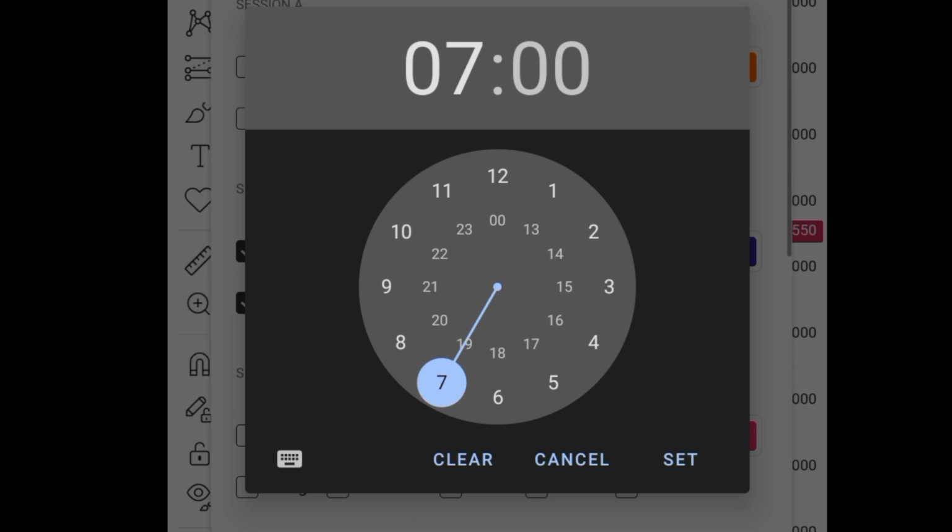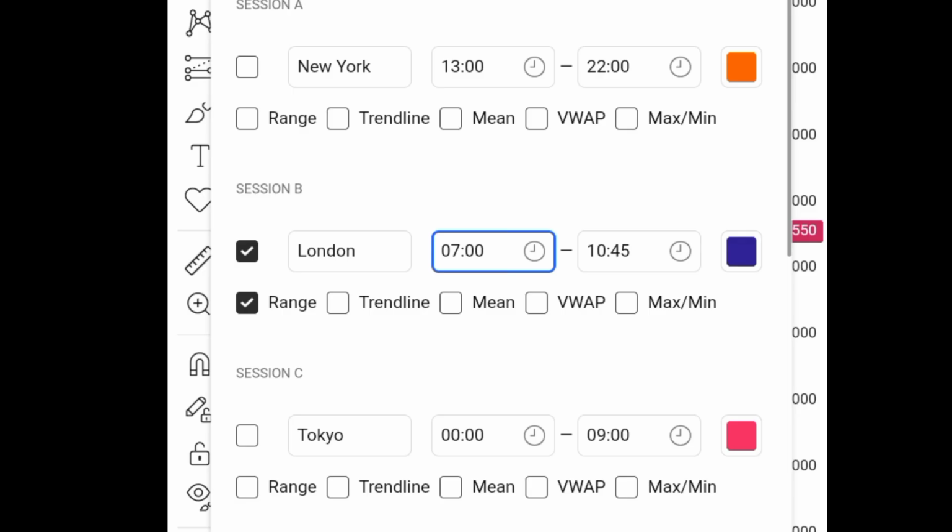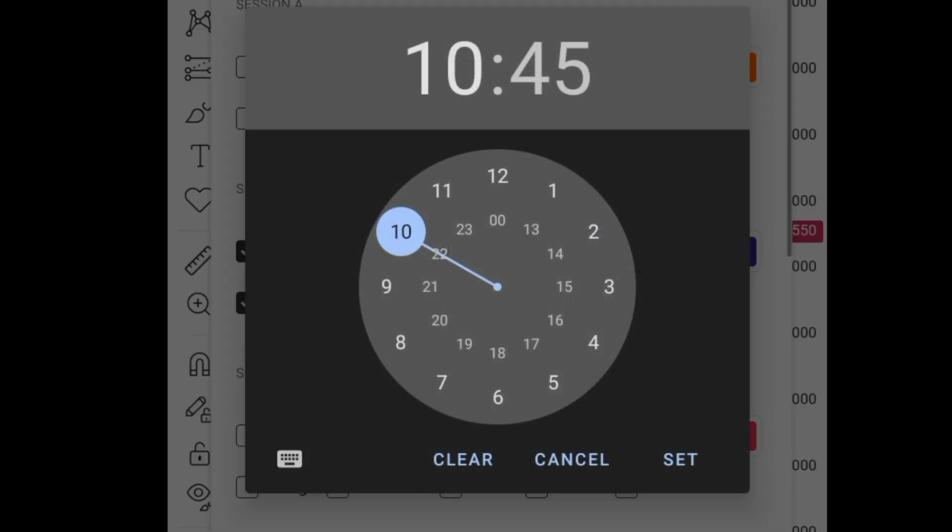So for you, any country you are in, set it according to the time which banks are working in your country, and the closing time, which is supposed to be 1 hour ahead of the closing time. So you do that. This will help this way. So in my country, which is Nigeria, I'm going to set 7 a.m. to 11 a.m. That's supposed to be 11 a.m., but this is 10:45.